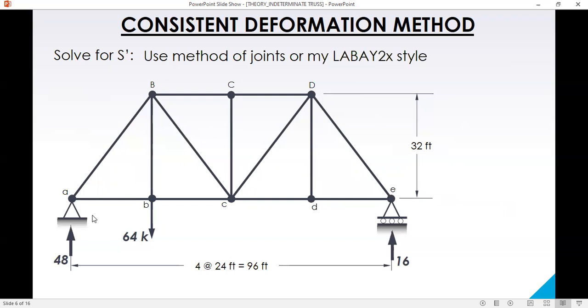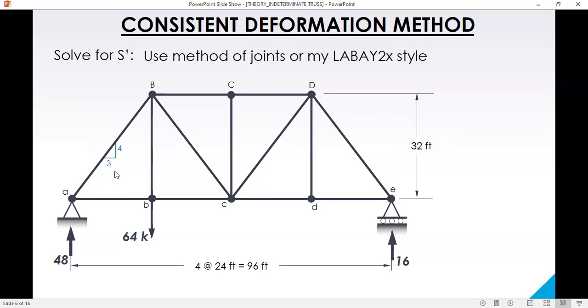Okay, so we start at joint A. Now at joint A, there are 2 members, AB and the diagonal. For this diagonal member, we resolve it into vertical and horizontal components. Now, in using this style, we make use of the slope.